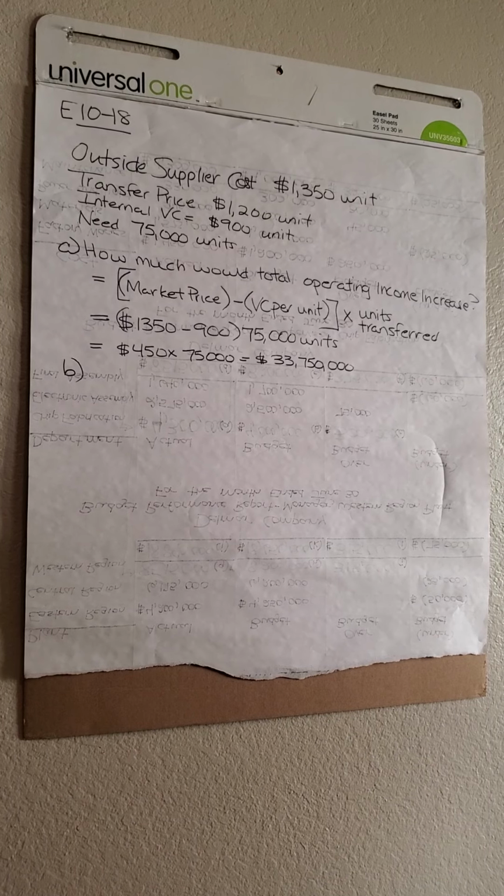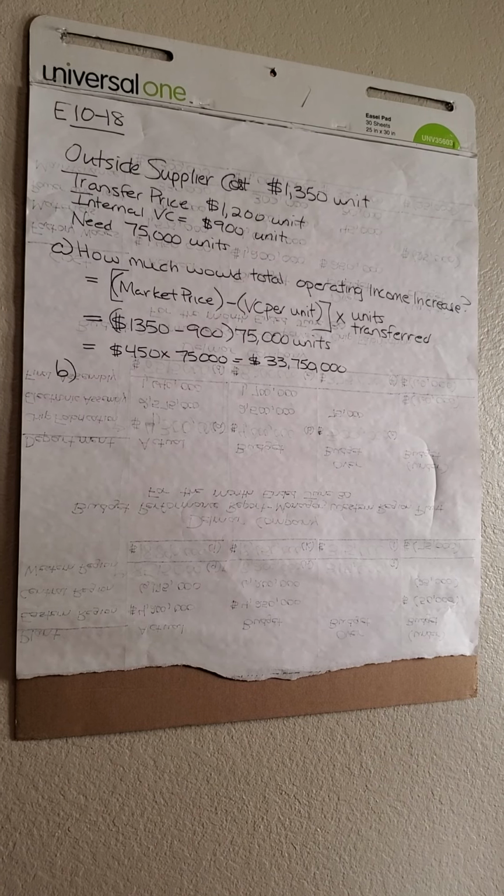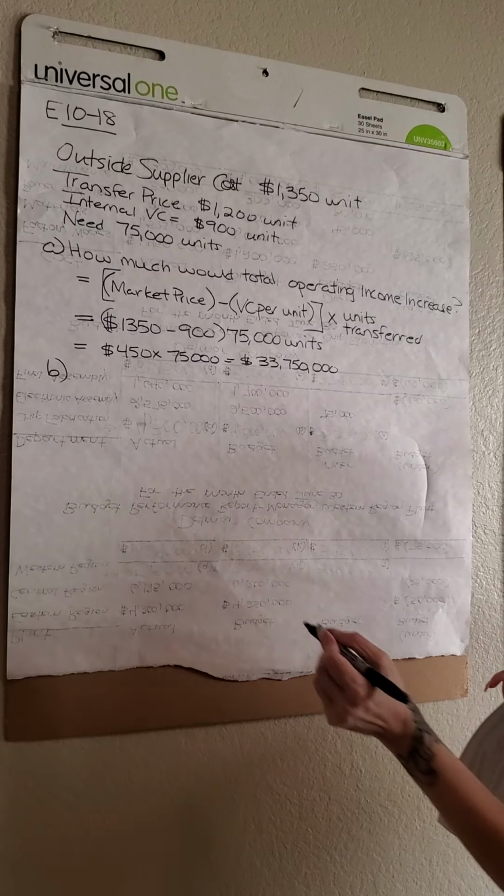All right. For B, it says, how much would the instrument division's operating income increase?